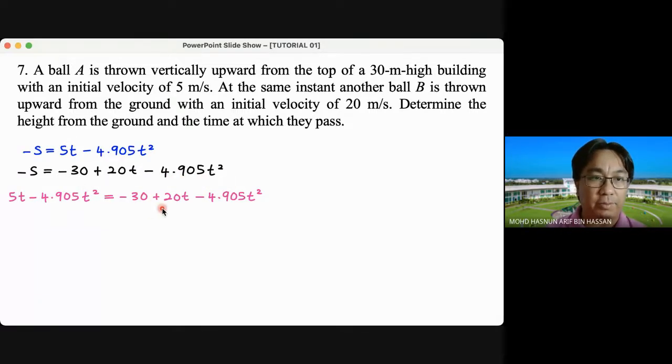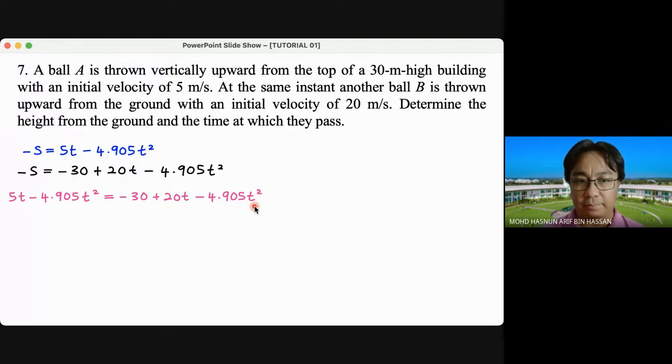Kenapa you boleh write macam ni? Because this portion is equal to minus S. This one is also equals to minus S. So technically, this is equal to this. Betul eh? Do you get what I mean here?